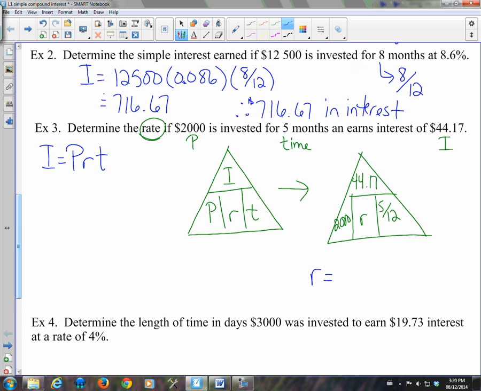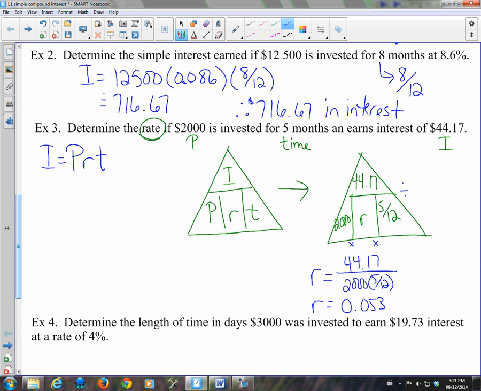The triangle will tell us what we need to calculate. So the rate equals 44.17 over 2,000 times 5 divided by 12. So whatever's beside each other gets multiplied, and whatever's on the top gets divided. And then you type it in your calculator. So I've got 44.17 divided by 2,000 in brackets times 5 divided by 12. So 0.053, which is going to translate as a decimal for my percent.